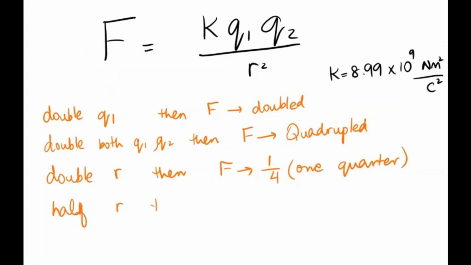What happens is that your R is changing by half and you're squaring the whole part, and the half squared in the denominator goes in the numerator on the other side, which means that you have 4 times a bigger force, or we can say the force has increased by 4 times.